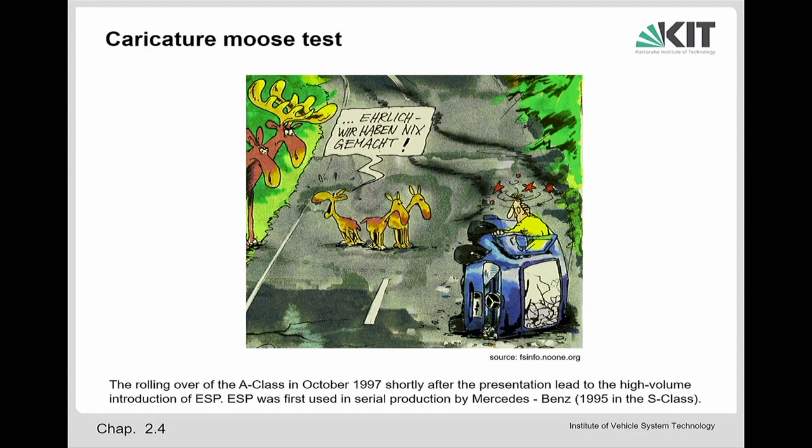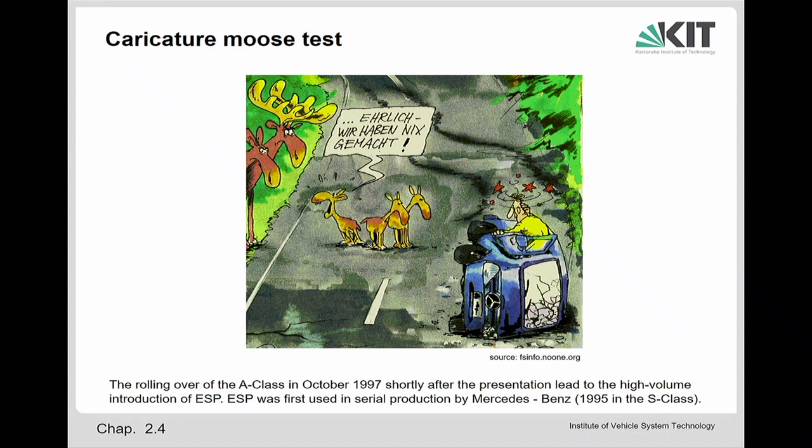And this leads to that situation here in 1997, which was really a disaster for the Daimler company in those days. Daimler was known worldwide to create high-quality cars on a very, very high safety level. And then in 1997, Daimler decided to bring into the market a very small car they have never done before.